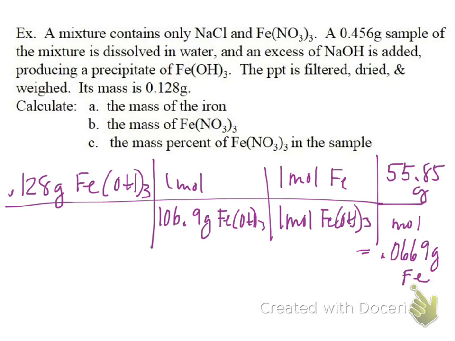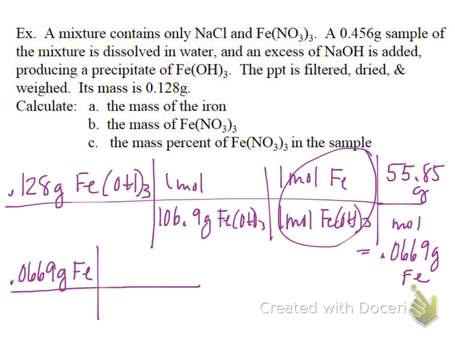And so then we can say 0.0669 grams of iron. We probably could have stopped at this mole ratio here, but I wanted y'all to see the process. We would divide by the molar mass of iron to get it back into moles. But again, you could have done this all as one step if you wanted. And say 1 mole.